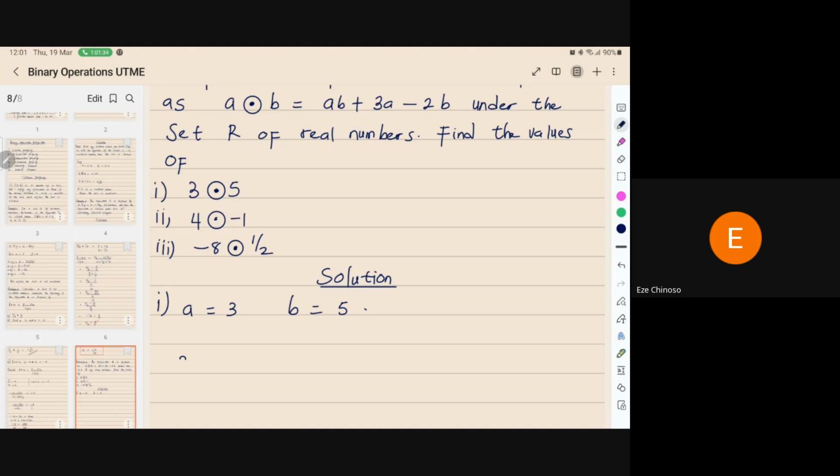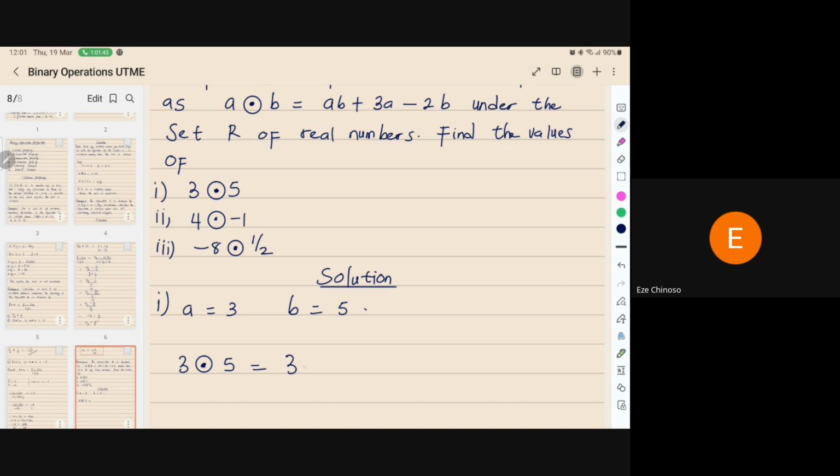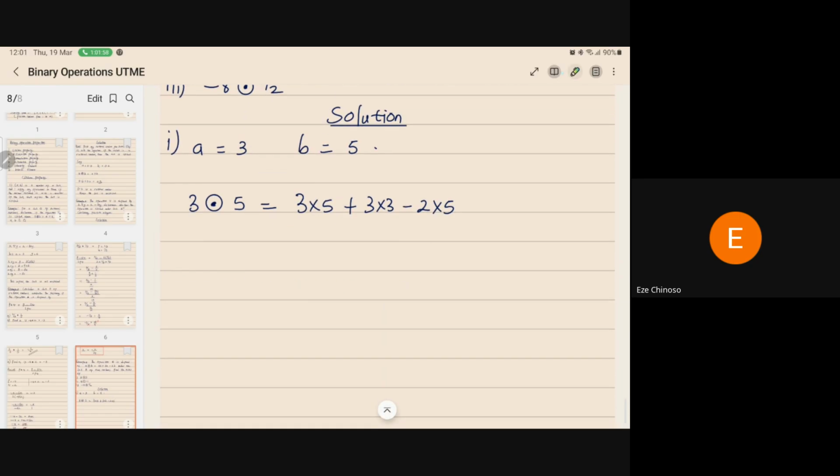So that implies that 3, that operation, 5 will be equal to, anywhere I see A, I should have 3 times 5 plus 3 times 3 minus 2 times 5. It's a very quick one. Let's simplify that operation.